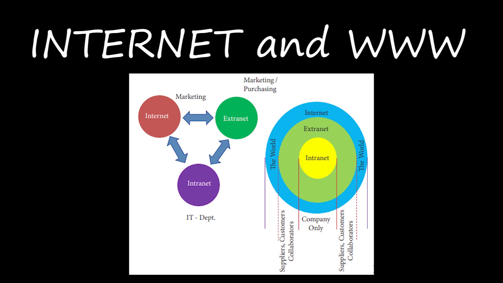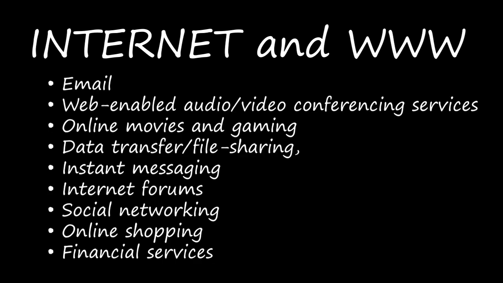Now we are going to see examples of a few services which are available: email, web enabled audio and video conferencing services, online movies and gaming, data transfer, file sharing, often through FTP, that is File Transfer Protocol, and then instant messaging, internet forums, social networking, online shopping, financial services. These are the services available here, right?